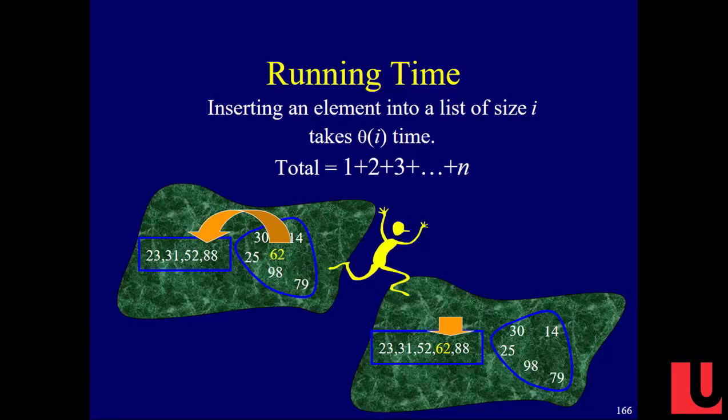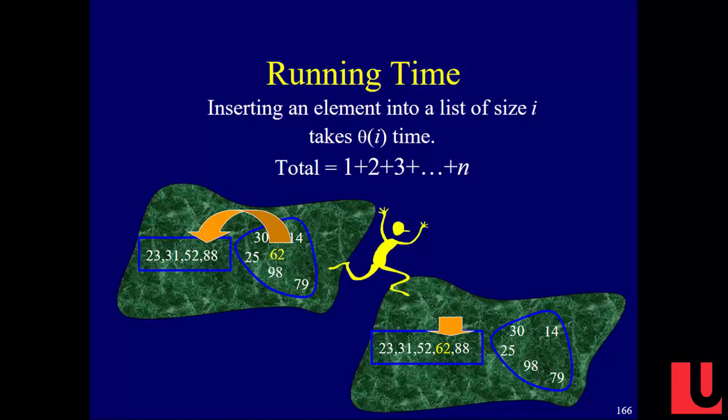Every iteration, our measure of progress goes down by at least 1, and we stop when the measure of progress is 0. Hence, how many iterations are there? N, pretty straightforward. But then we have to ask, what's the running time of each iteration? That might not be 1.